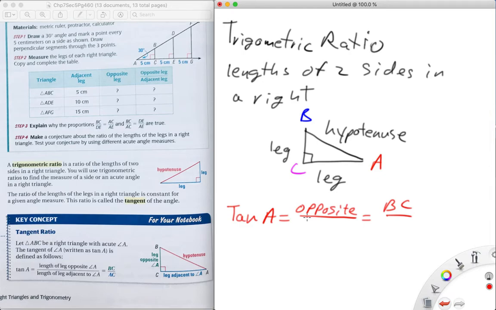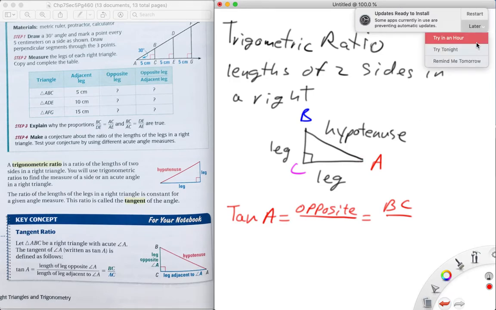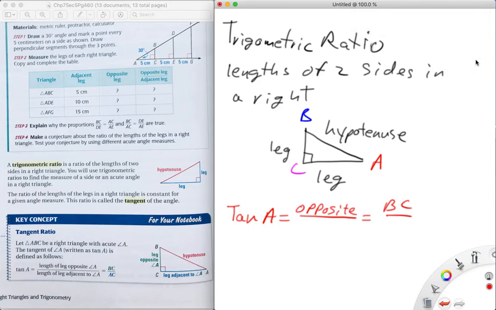And adjacent is the side that's going to touch A that's not the hypotenuse. So one of the legs that touches A that's not opposite, that's going to be down here in AC. So adjacent, which is AC. All right, opposite over adjacent.